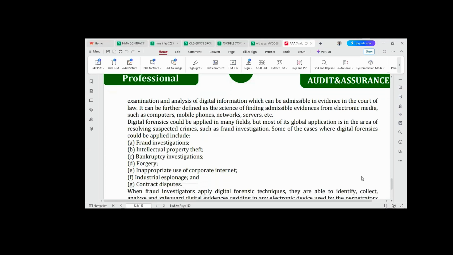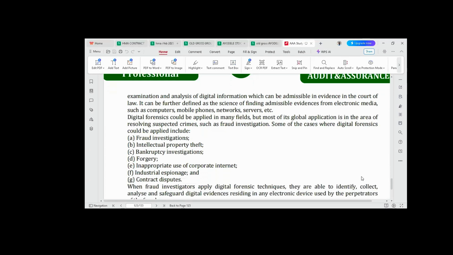All right. Industrial espionage. What do you mean by industrial espionage? Big organizations make use of this. What they do is plant some of their allies or staff in their competitors' organization to go and work secretly there, so that they are able to extract sensitive information that they can use against their competitors in the market, so that they have an upper hand, or try to increase their market share.